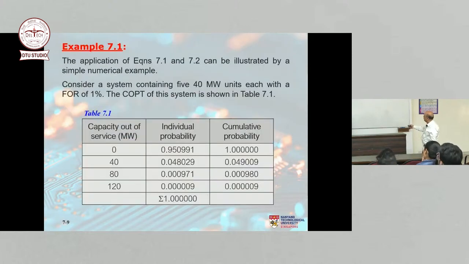We just use this table: 0, 40, 80, 120. We are stopping at 120, to make things easier. So for 40 megawatt out, I know the probability. I also know the cumulative probability, but I'll come to cumulative later. For now, I'm just using the state probability. What do I need? I need T2, the time units corresponding to 40 megawatt out.